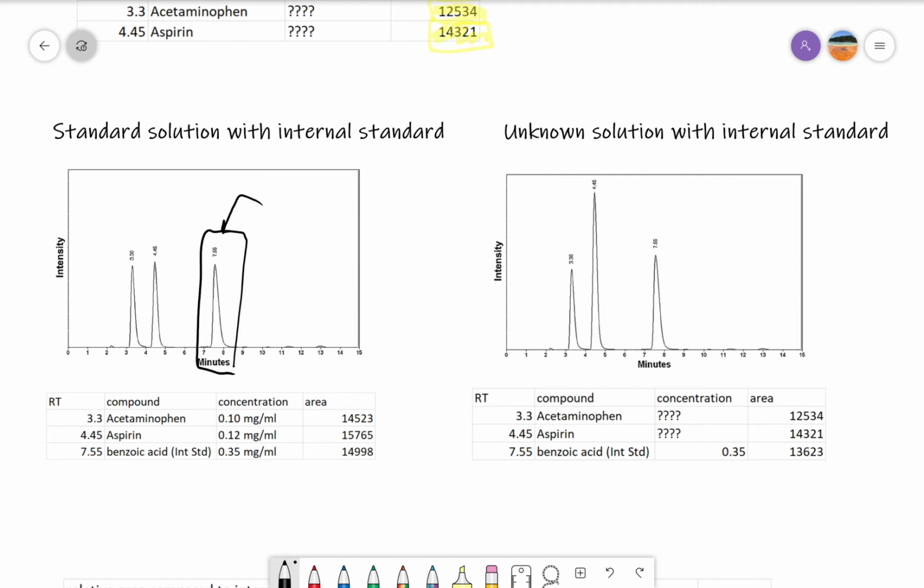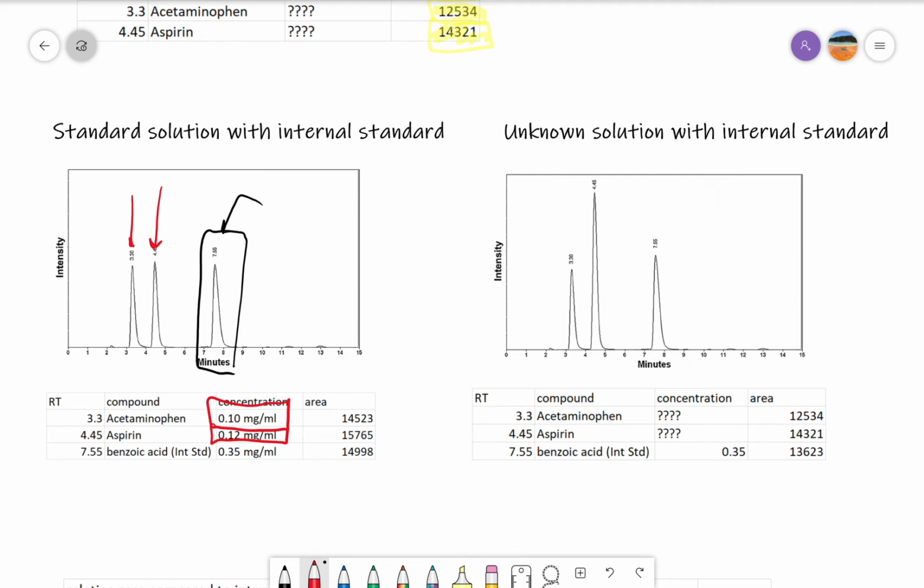So we took our original mixture and we spiked it with benzoic acid at a concentration of 0.35 milligrams per milliliter. This first chromatogram represents the areas of the peak created by known concentrations.